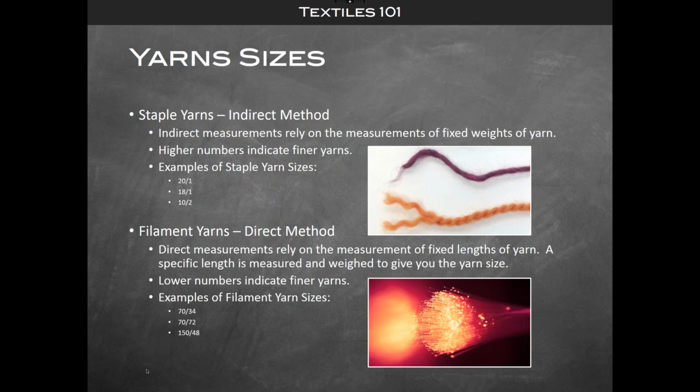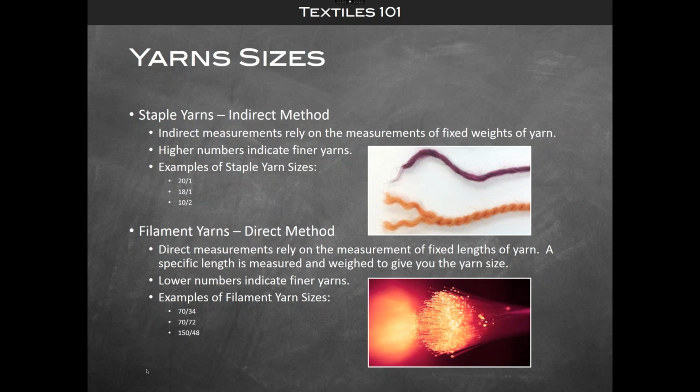The first number tells you what size or denier the yarn is, and then the second number tells you how many filaments you have, or how many individual extruded filaments there are in total making up the one yarn.